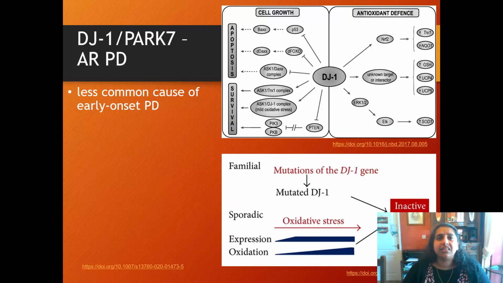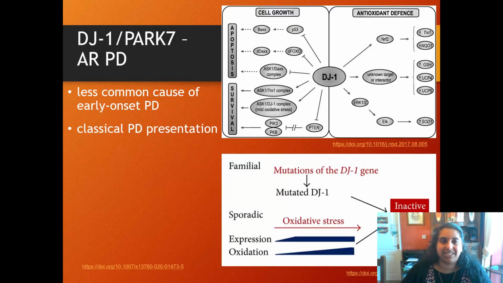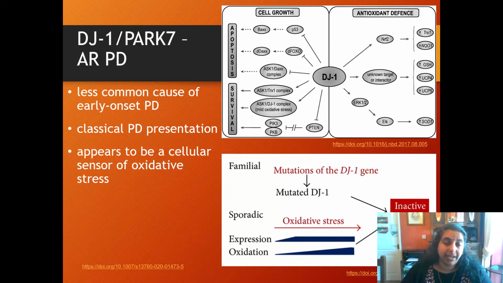This is a less common cause of early onset Parkinson's disease. People with DJ1 mutations, both copies of their gene mutated, actually show a very classical Parkinson's disease presentation in the brain and during their life.